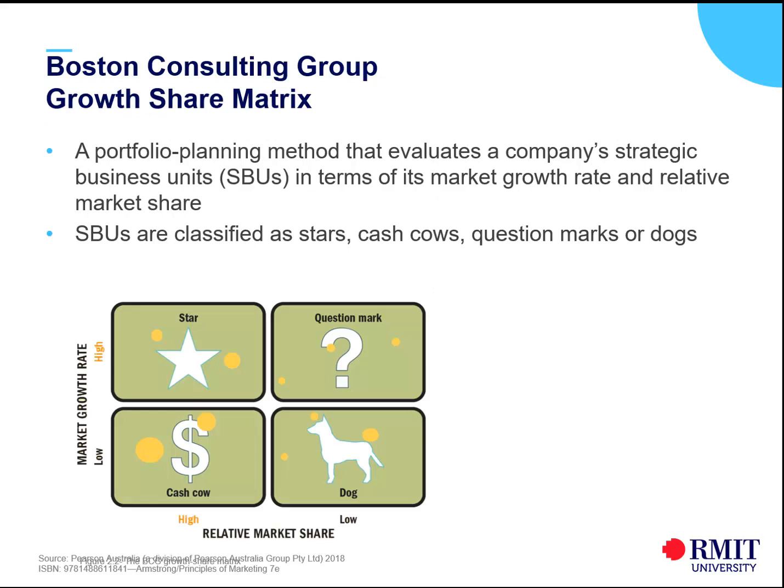A very common marketing and management tool that is used is the Boston Consulting Group Growth Share Matrix, also known as the BCG Matrix. A portfolio planning method that evaluates a company's strategic business units in terms of its market growth rate and relative market share.